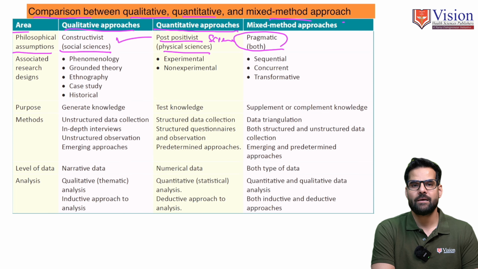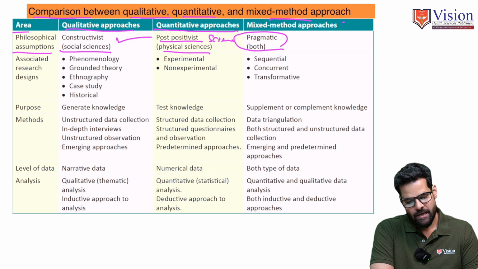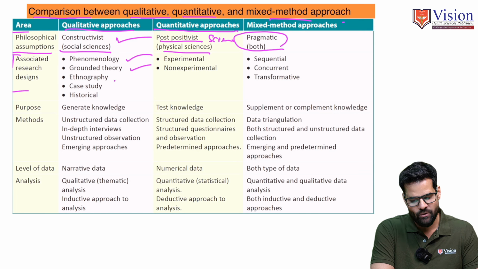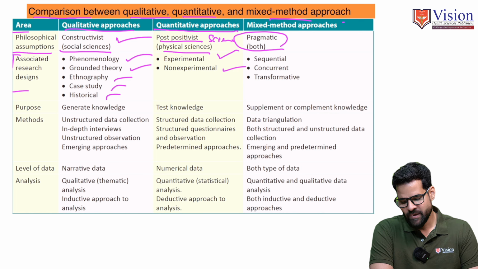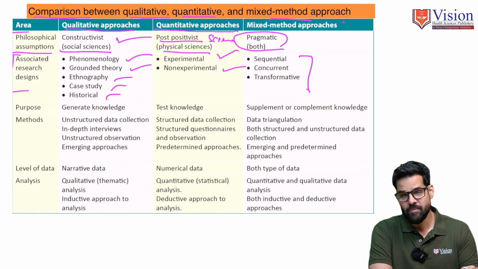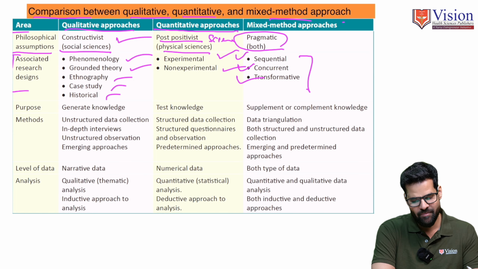Pragmatic means they are based on the utility principle: whatever is suitable for me to conduct an inquiry, I'll go for that. What are the common designs with qualitative? We have phenomenological, grounded theory, ethnographic, case study and historical, whereas for quantitative we have experimental and non-experimental. And for mixed methods we have three major ones. There could be another classification, but I have taken sequential, concurrent, transformative. Okay, there are many more.